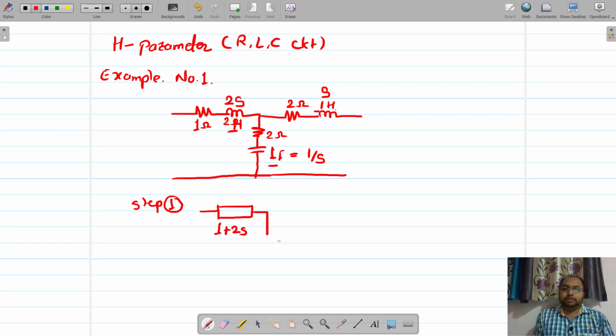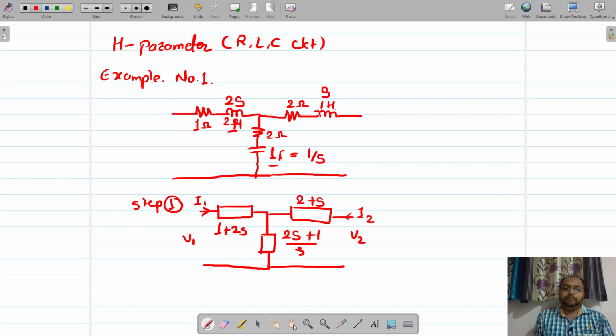Then this one is becoming 2S plus 1 divided by S, and this one is becoming 2 plus S, right? So this is the modified circuit diagram to which we are going to apply certain things and find out the H parameters.